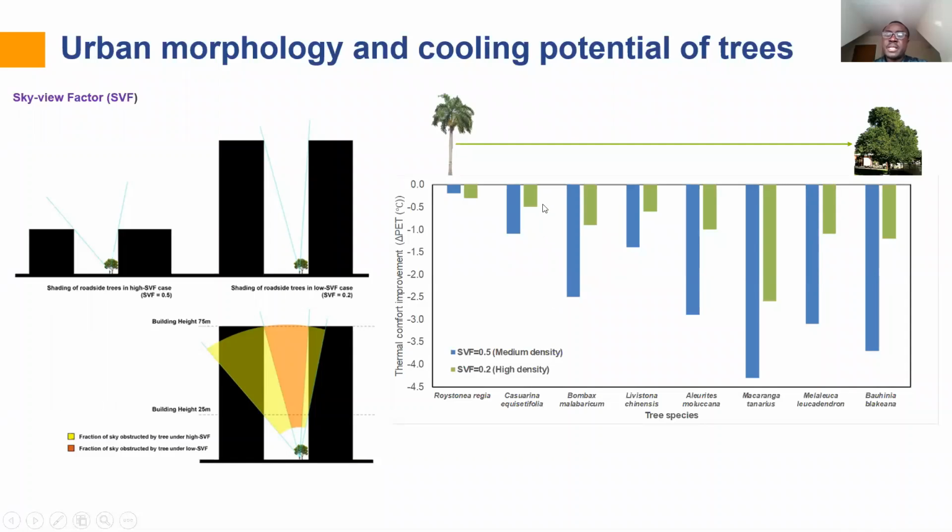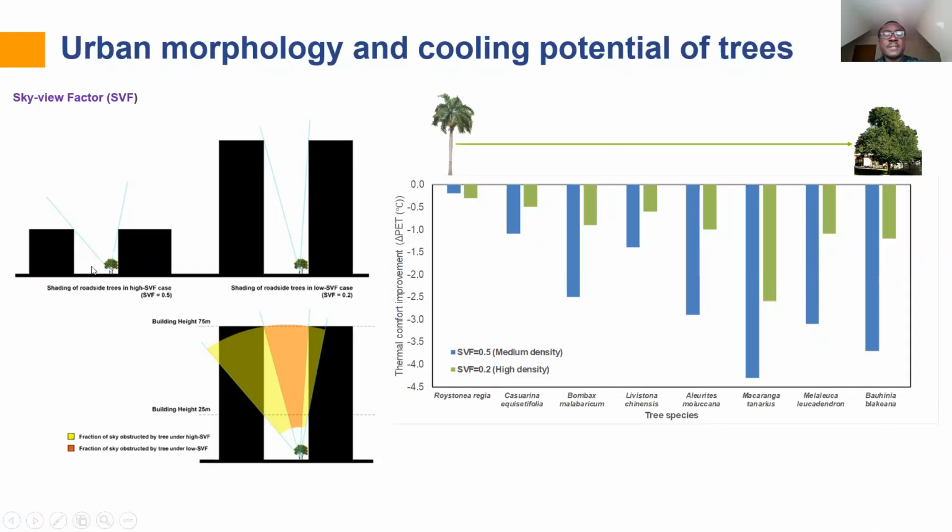Then another point is that it depends on where you place the tree. We compare placing trees in these urban canyons, and I conducted a numerical experiment to test 8 common tree species for amenity planting in Hong Kong. I placed each of these trees in each of these canyons. I extracted this data just to explain this concept.